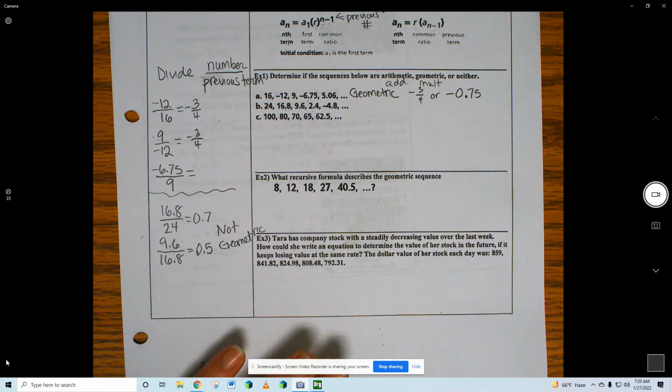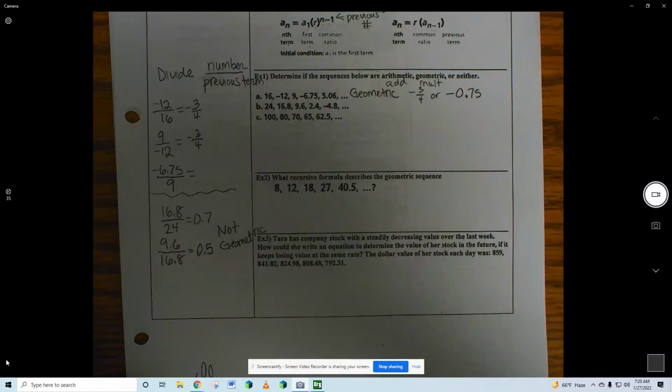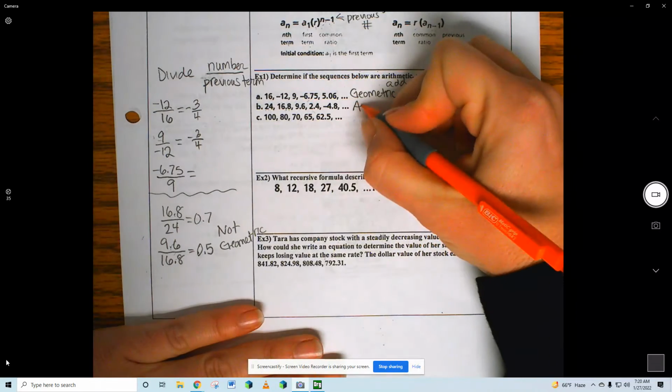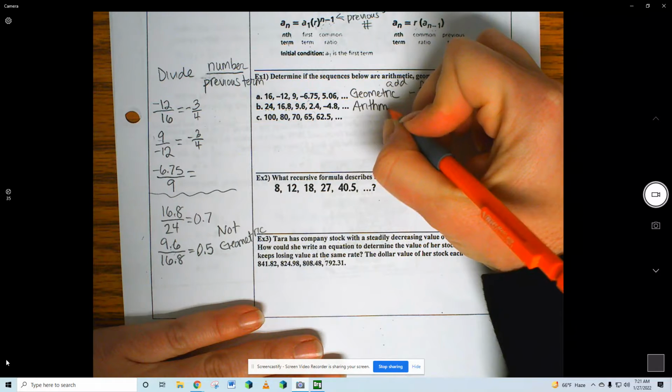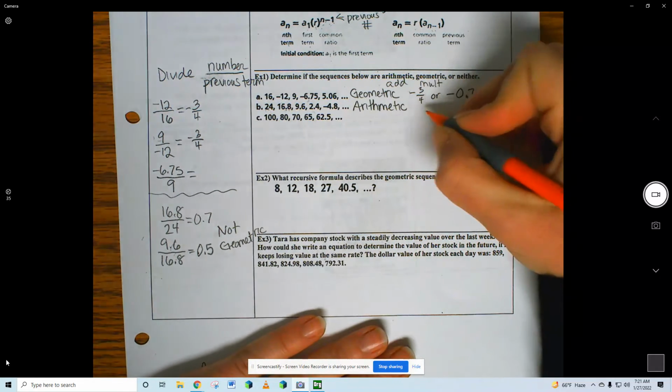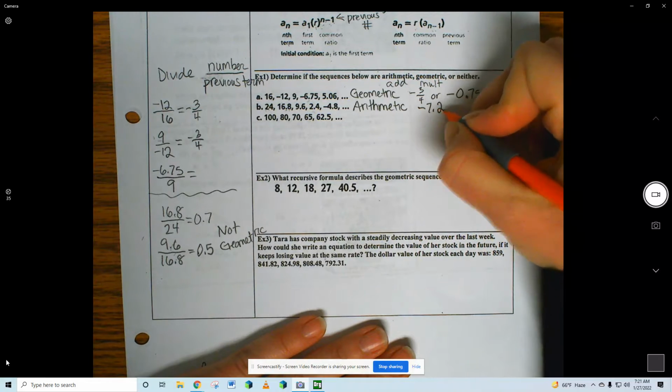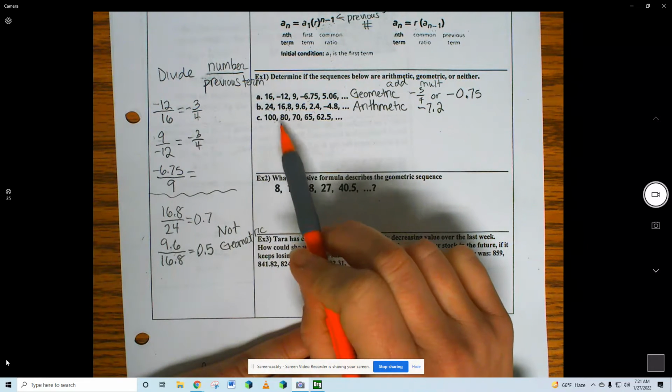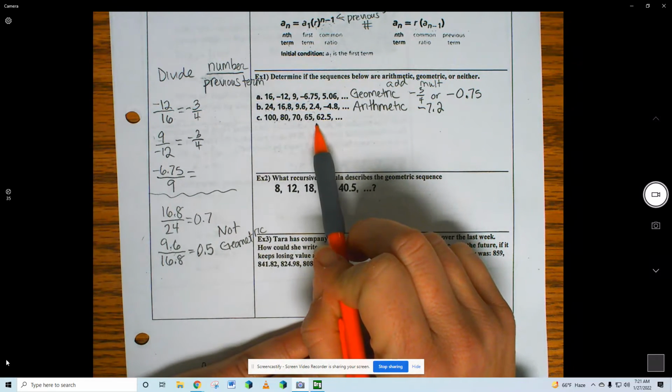Okay, someone besides table 9. What's the amount? 7.2. I'm going to call this arithmetic, and it's going to be minus 7.2. All right, 100, 80, 70, 65.